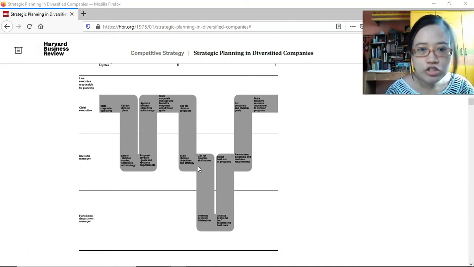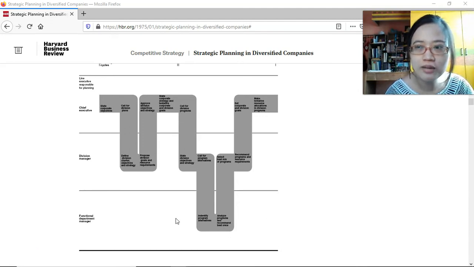So, pagdating dito kay division manager, state naman niya yung division objectives and strategy. And then, after that, call for program and alternatives from the functional areas. Kasi ito yung support sila yung mga, in a way, gumagawa talaga ng bulk ng trabaho. So dito, identify program alternatives, analyze programs, and recommend the best one.